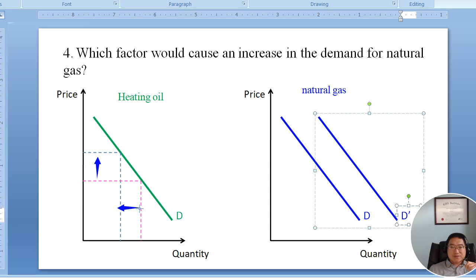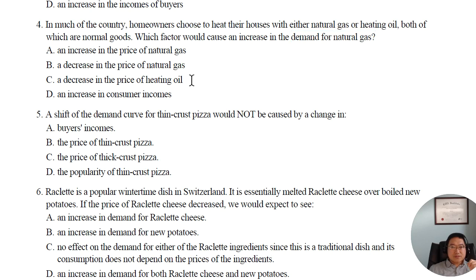They cannot buy as much heating oil as before. Then they go to natural gas. It moves the whole demand curve to the right.